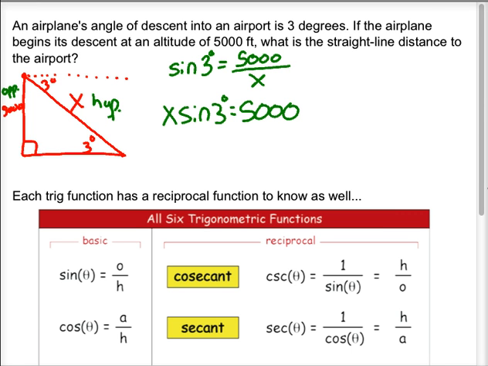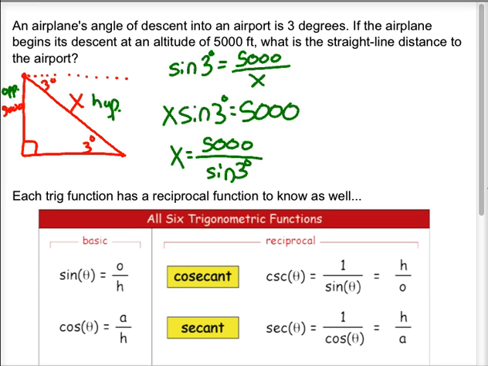All right, however, that didn't solve for my x this time. It just moved it over with that sine. So now, if I still need x by itself, well, right now it's being multiplied by that sine of 3 degrees. So to get it by itself, I need to divide by that sine of 3 degrees. Okay, and that is going to give me my answer.